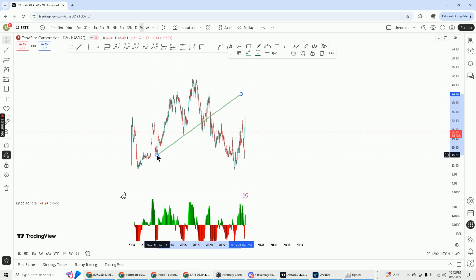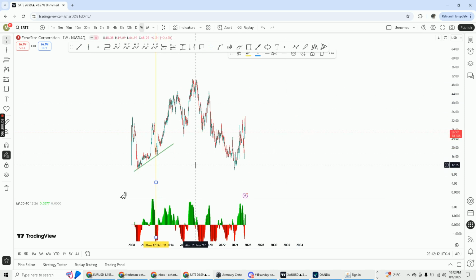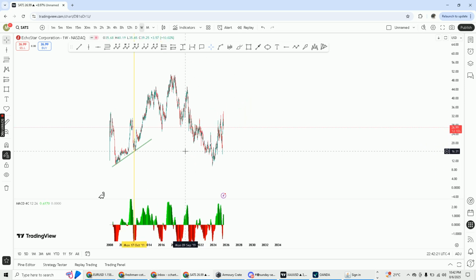Say the market is about here right now, and all of this has not even happened yet. You would draw your trend line underneath the price. When it's an uptrend, it's underneath the price like this. And when it's a downtrend, it's above the price. That's where you're drawing your trend line.